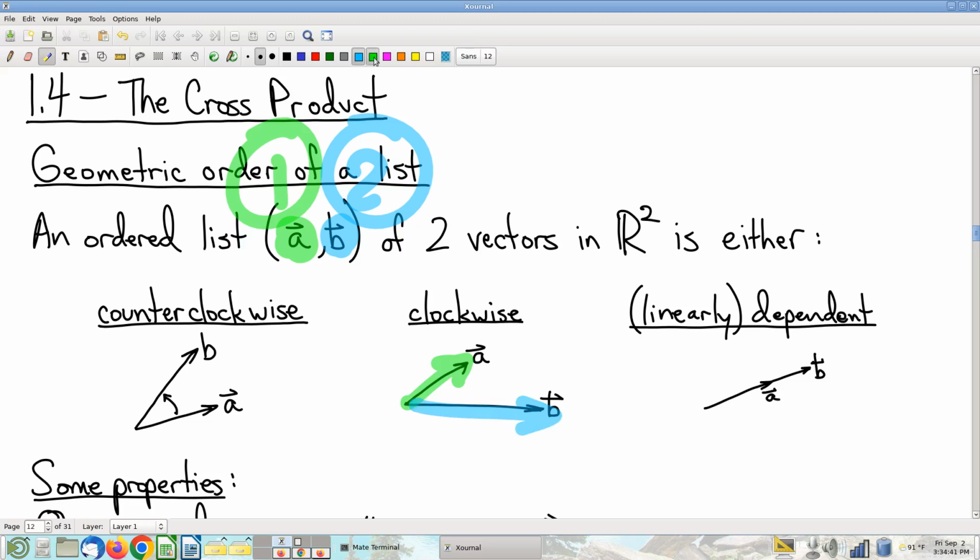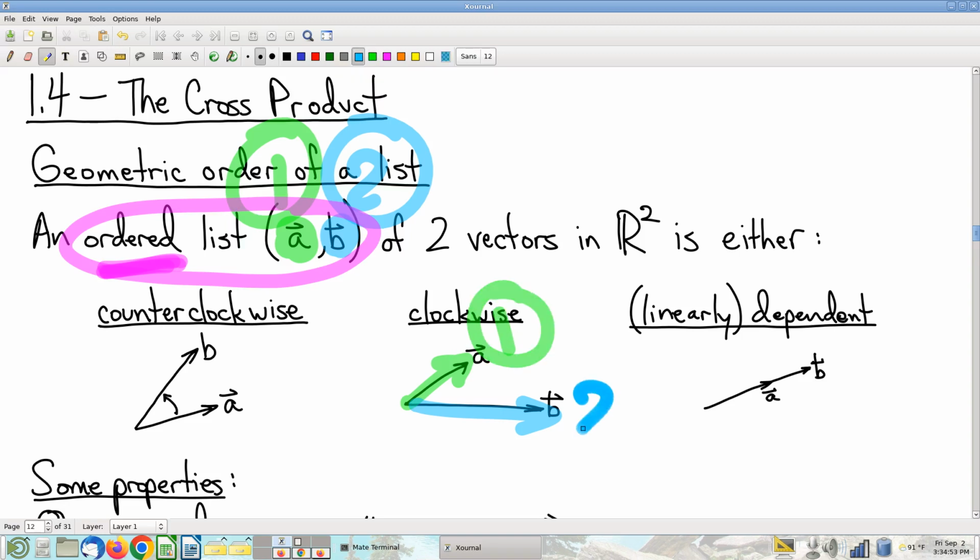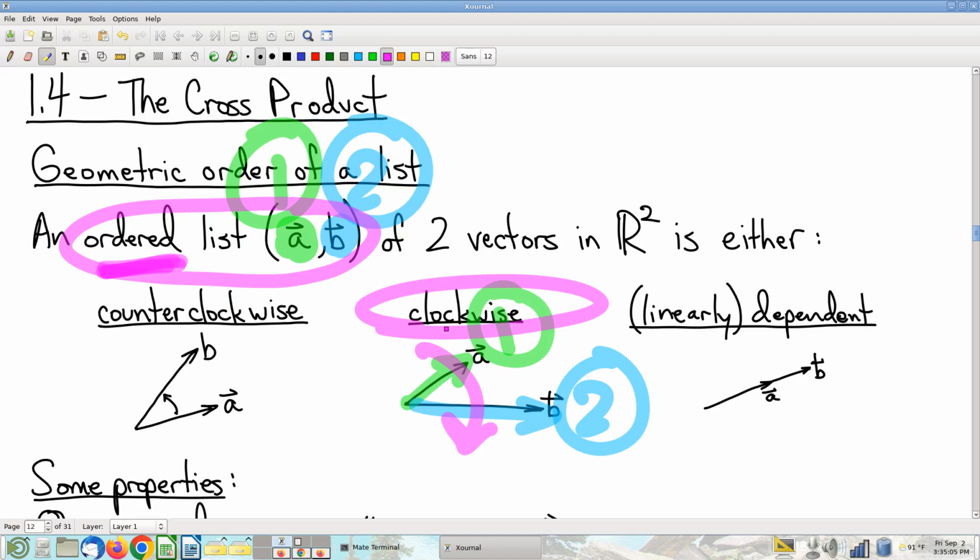And again, keep in mind, looking at this ordered list, A is first, that's the first one, and that's the second one. Going from first to second is clockwise in this case.